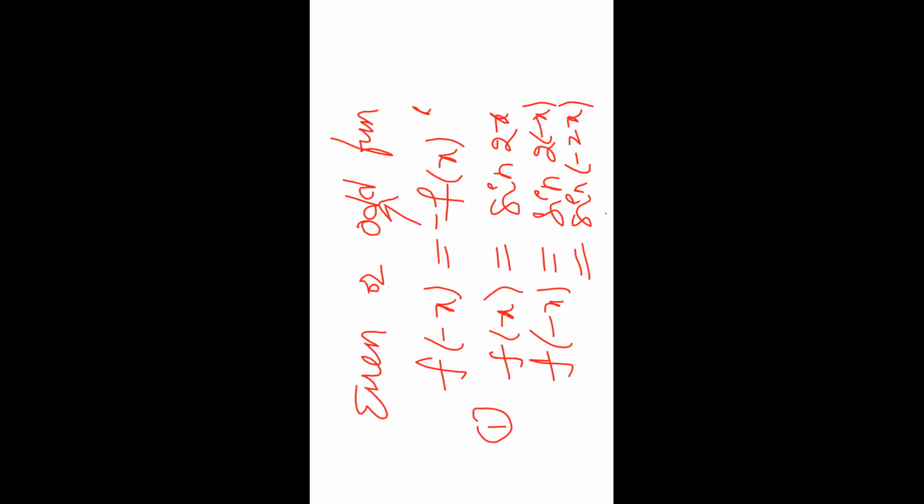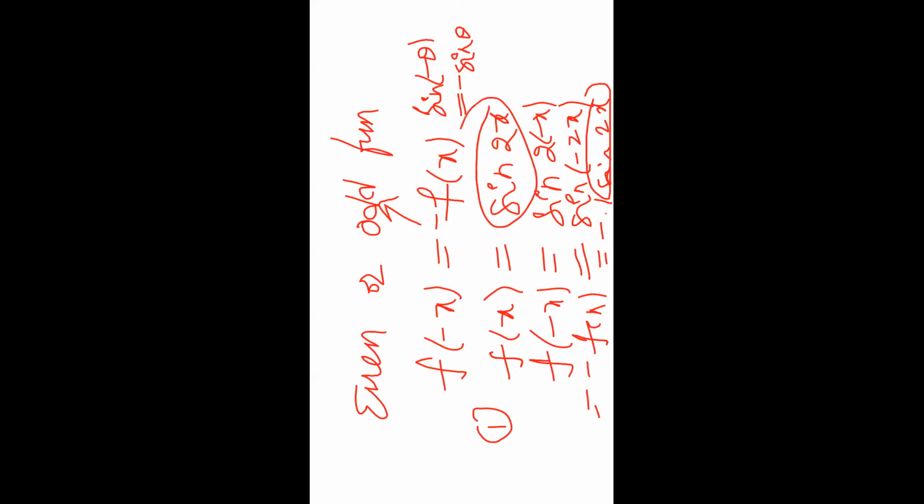We know that sine of minus theta equals minus sine theta. So the minus comes right in front, minus sine 2x, which is minus f of x. Then we get f of minus x equal to minus f of x. So it is an odd function. Sine is the best example of the odd function.